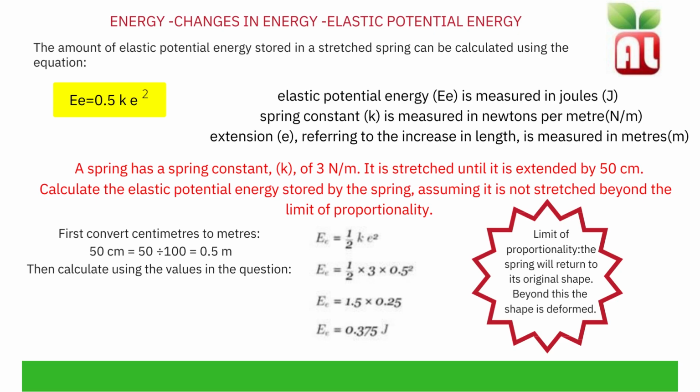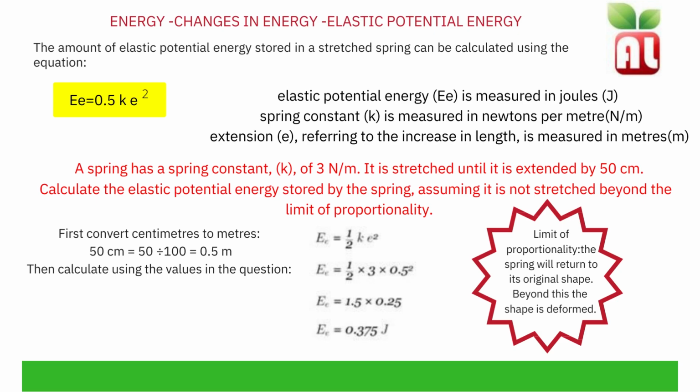Elastic potential energy is measured in joules, spring constant is measured in newtons per metre, and the extension, referring to the increase or decrease in length, is measured in metres. Note here that springs can be extended or stretched, but also compressed, for example springs in a mattress. So extension could also refer to the compression of a spring.